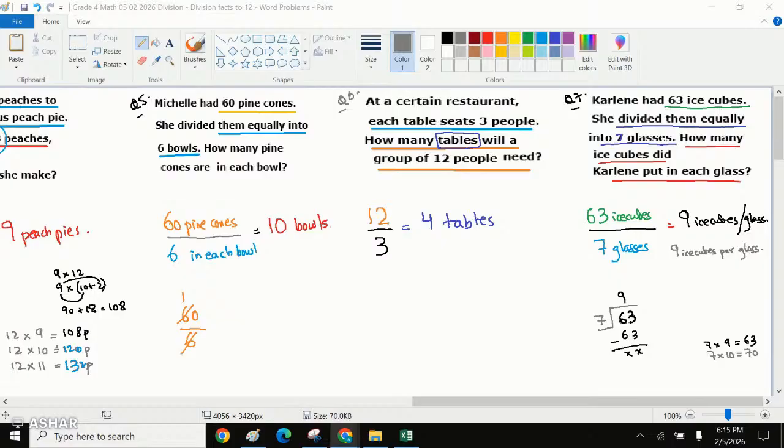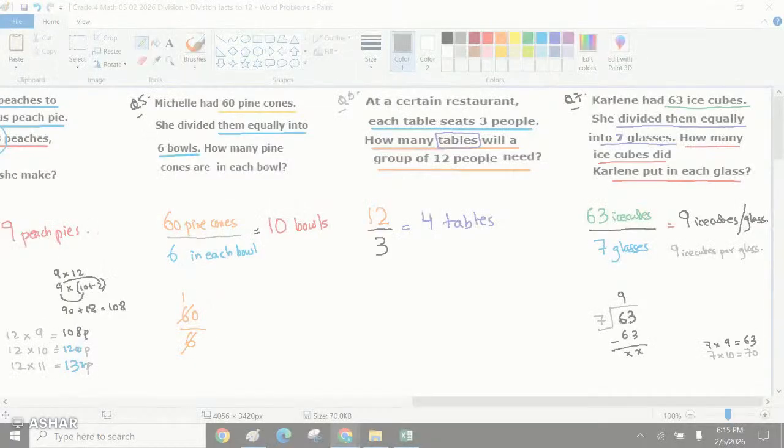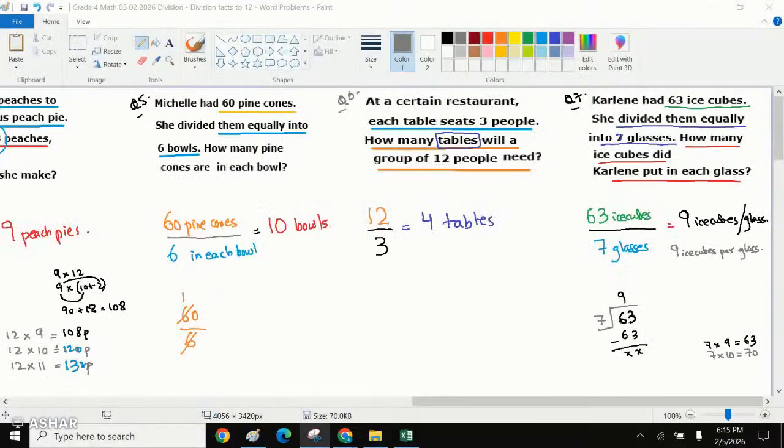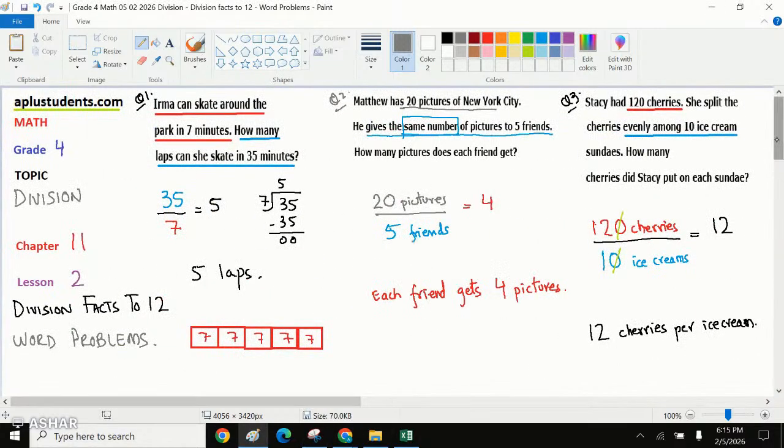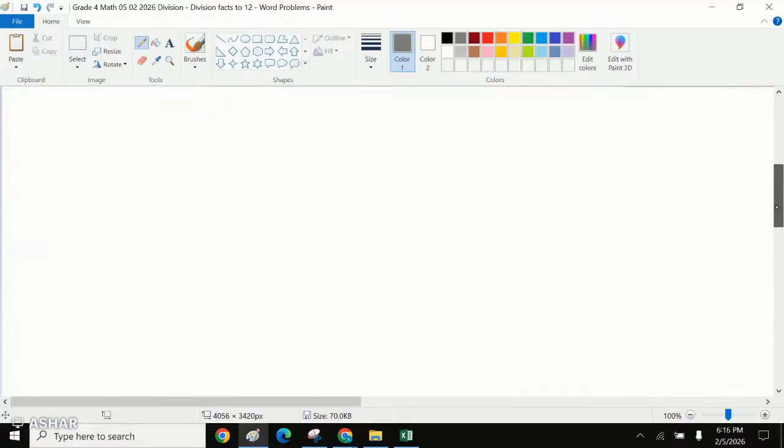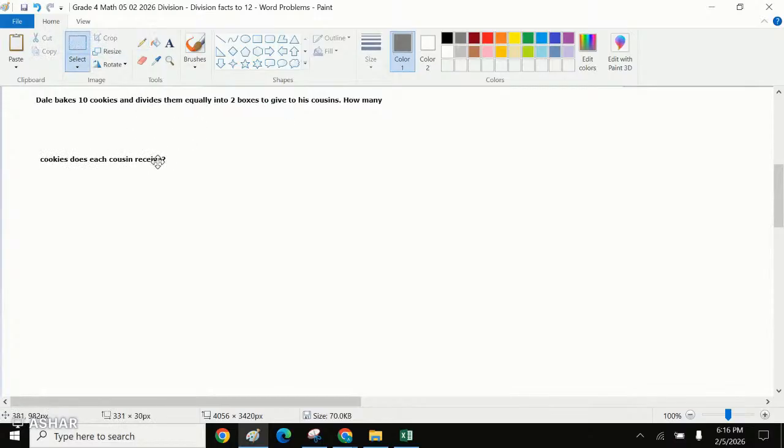And the next question says, Dale bakes 10 cookies and divides them equally into 2 boxes. Sorry, let me read. Let me just copy the question for you. Okay, let's suppose this is our question number 6. How many cookies does her cousin receive?